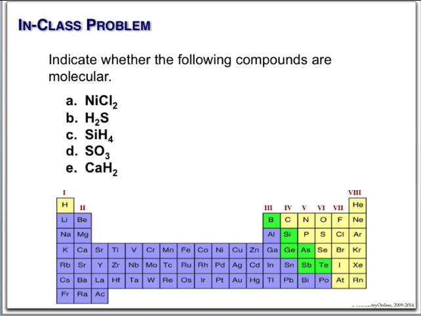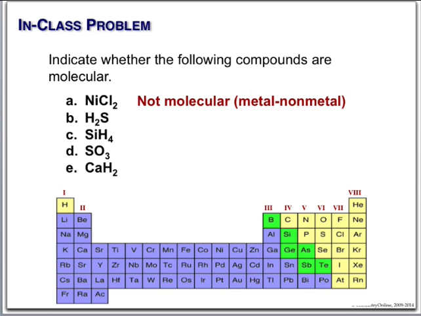This is nickel chloride. We look at our periodic table, we find nickel. It's down here in the transition metals. Therefore, this is a metal and a nonmetal. It is an ionic compound and not molecular.